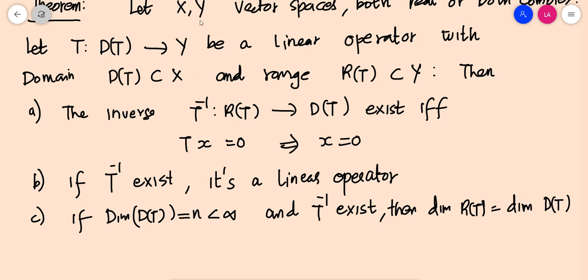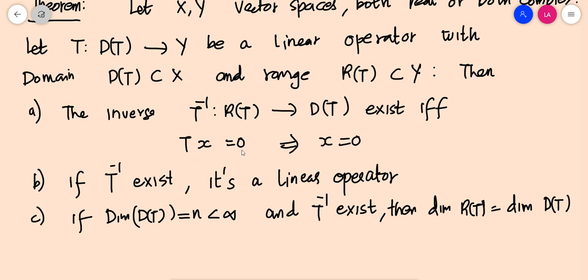The theorem states that if you are given two vector spaces X and Y and a linear transformation T from D(T) to Y, where D(T) is the domain which is a subset of X and the range R(T) is a subset of Y, then the inverse T inverse exists if and only if T(x) = 0 implies x = 0. T(x) = 0 implies x = 0 means that the null space consists only of the 0 element, because the set of all x such that T(x) = 0 is the null space.